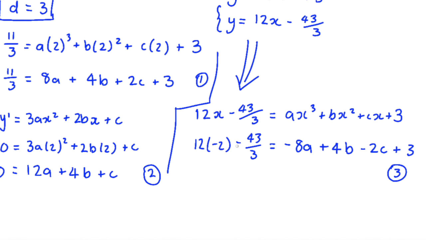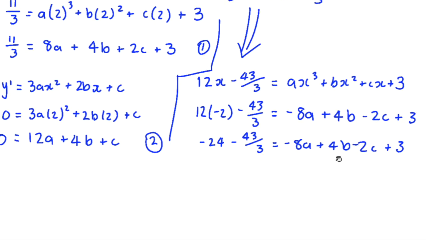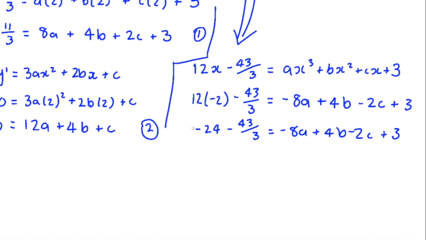I'll simplify the left hand side a little: negative 2 plus 43 on 3 equals negative 8a plus 4b minus 2c plus 3. We could simplify further and bring the 3 over, but we're just going to say that's our third equation.